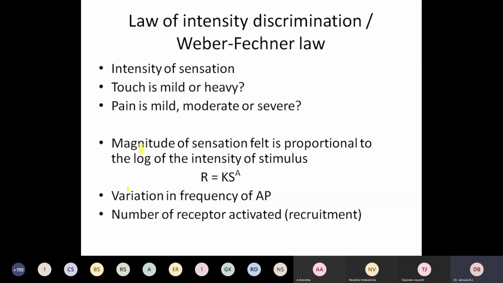If I apply more pressure for a heavy sensation, the number of action potentials generated will be more and the surrounding receptors get stimulated. Or, without varying the frequency of action potentials, I can recruit more receptors. So recruitment is also one of the important properties of a receptor. Depending on how many receptors get stimulated, you can vary the intensity of a stimulus and also the magnitude of the sensation felt.